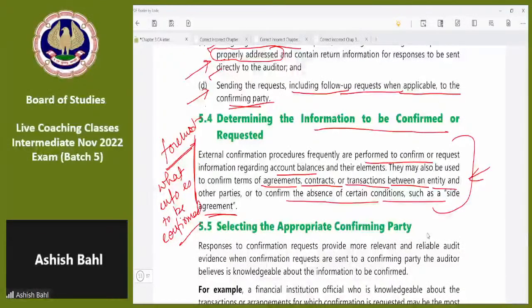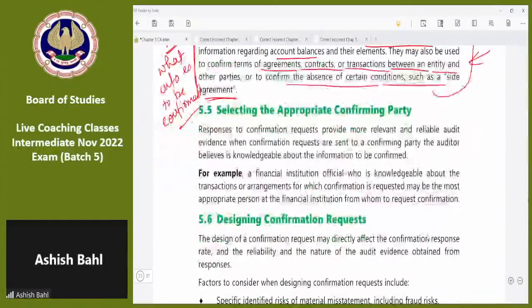Okay. Now, second point is selecting the appropriate confirming party. Same thing, that I have to send the request to the confirming party who is knowledgeable, who has knowledge of that request.